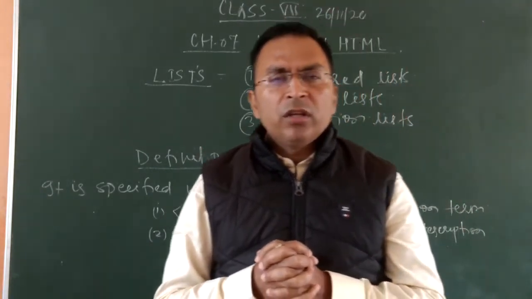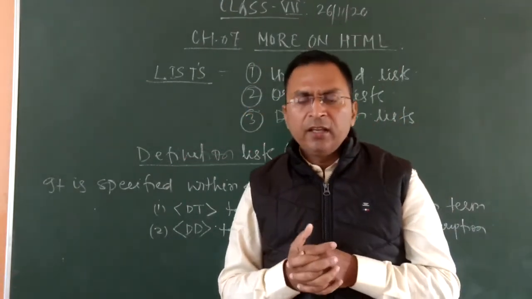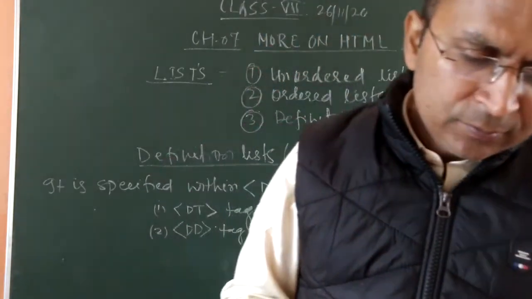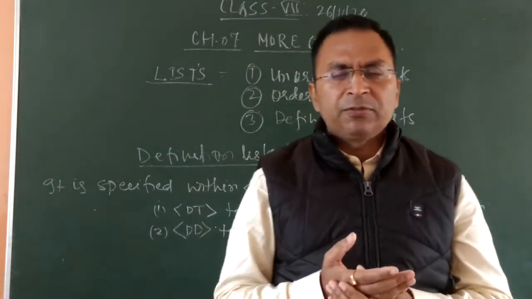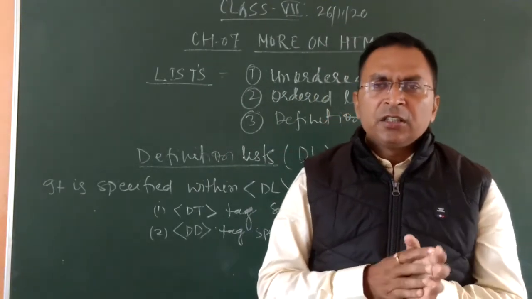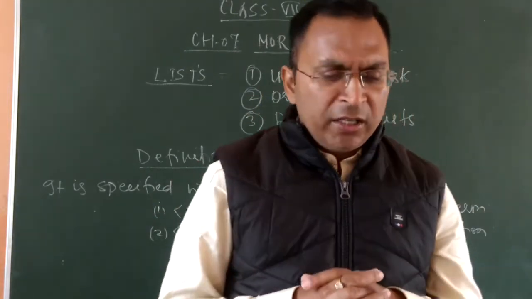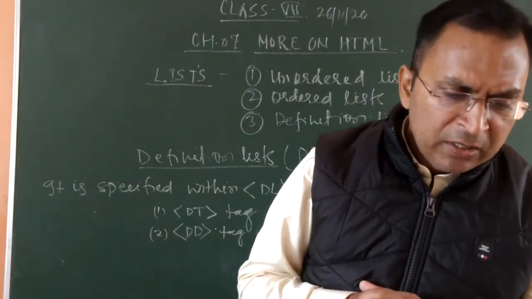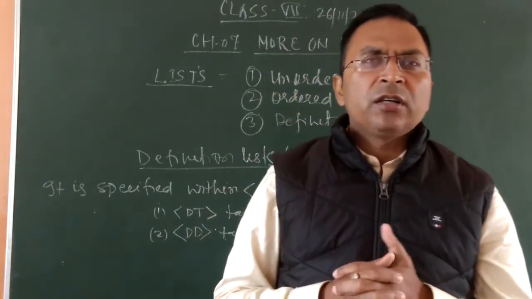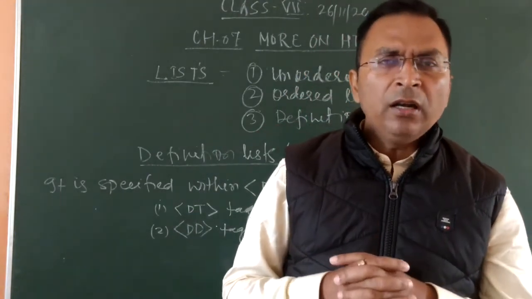If we give type equal to capital A, the numbering will start from alphabets, from the capital letter A. And if type is equal to small a, then the numbering starts from small letters.